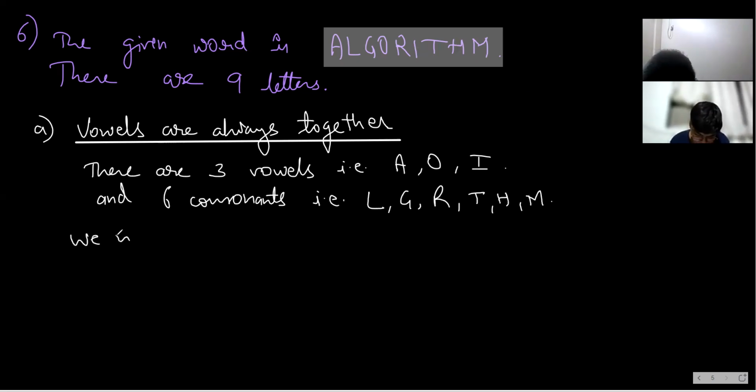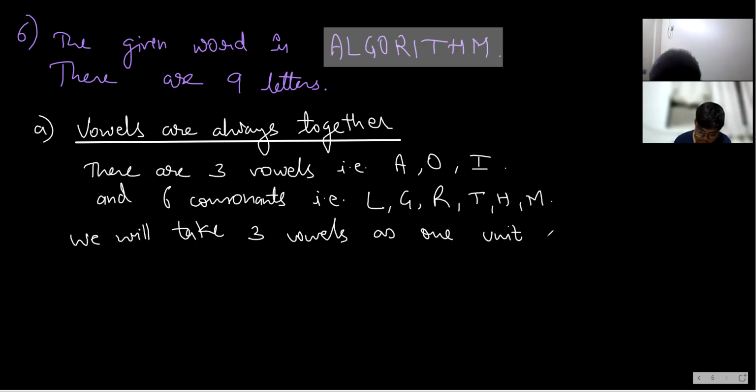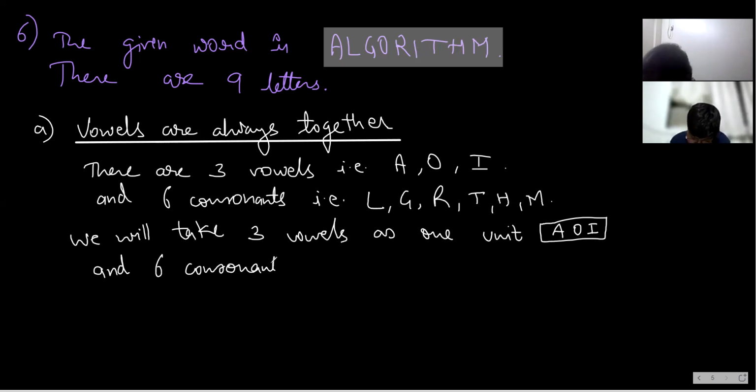See here, we will take the 3 vowels as one unit, and we will make it like this: A, O, I. We will take 3 vowels as one unit, and the 6 consonants as 6 units.